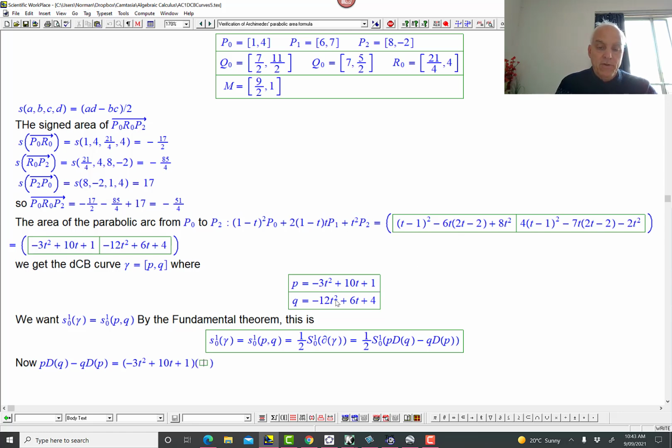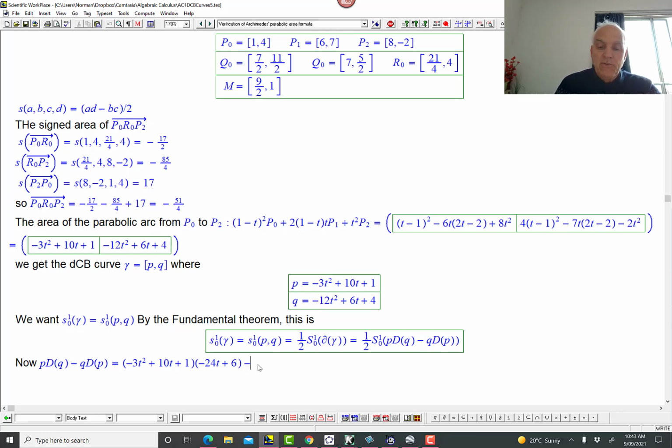What is the derivative of Q? Well, I'm just differentiating term by term. The derivative of t squared is 2t, so this will be a minus 24t, and then the derivative of 6t will be just 6, and the derivative of 4 is 0. So there's dQ.